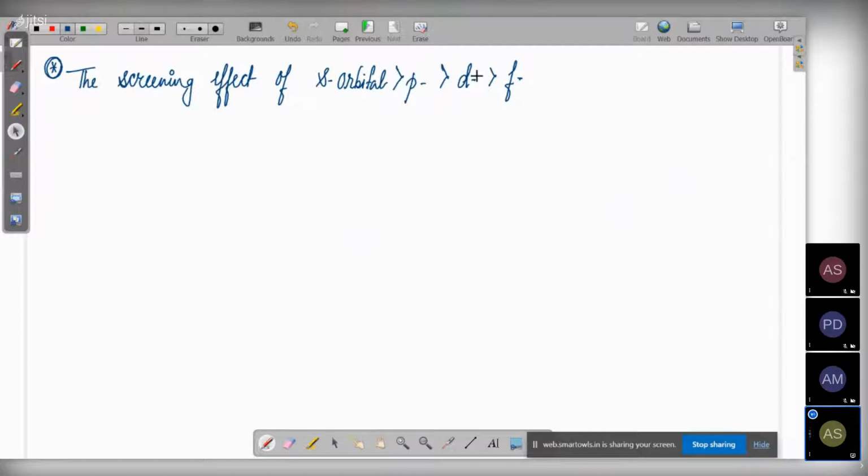So that means s orbital can screen the electron, screen the nucleus of the electron most effectively. Whereas f orbitals cannot screen the electron of the nucleus effectively. So it has a very poor screening effect.